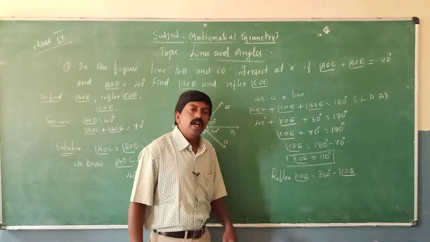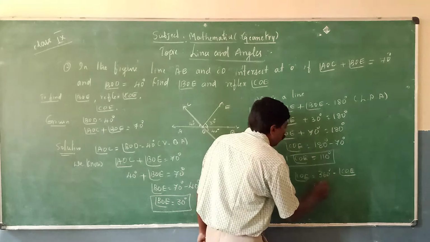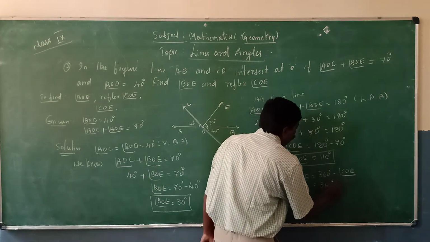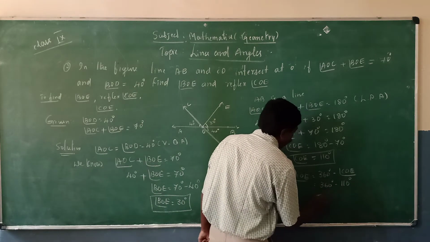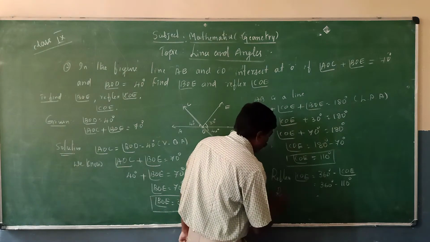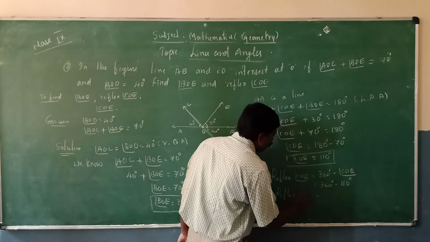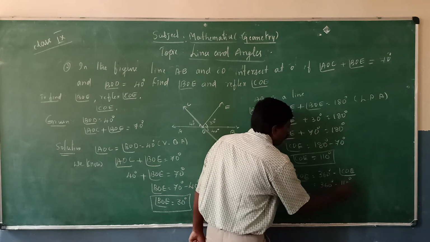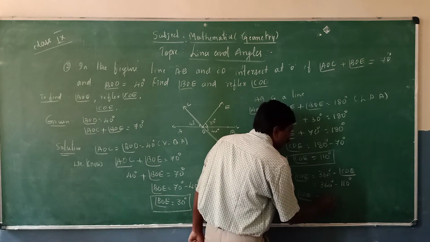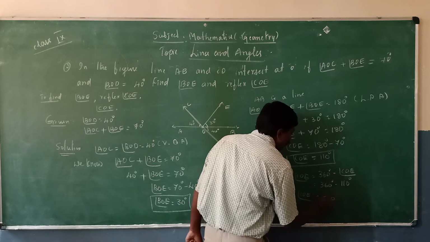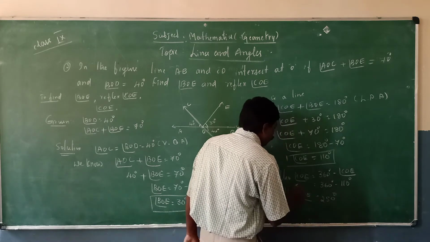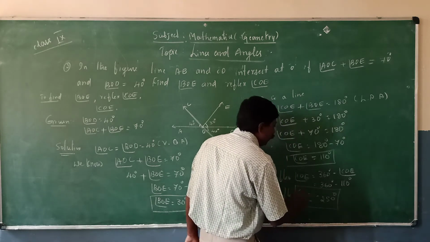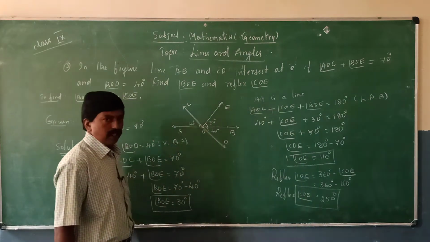Among that you can subtract COE. Therefore 360 degrees minus 110 degrees. So therefore reflex COE angle is equal to 250 degrees. 250 plus 110 is 360.